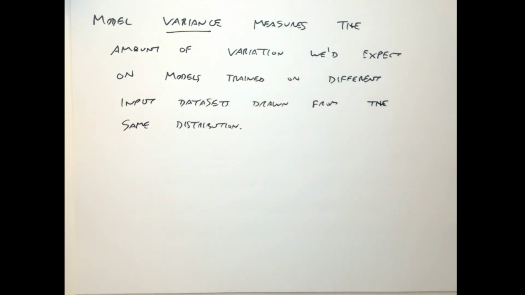Right? We would like to think that if I picked 10 points from this quadratic and fit the polynomial, and then I picked another random 10 points from the quadratic and fit the polynomial again, I should get the same thing, right? The variance measures how far away, or what is the spread of unpredictability in my output, right?